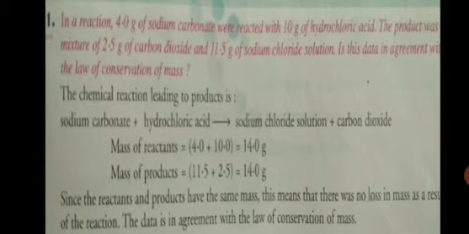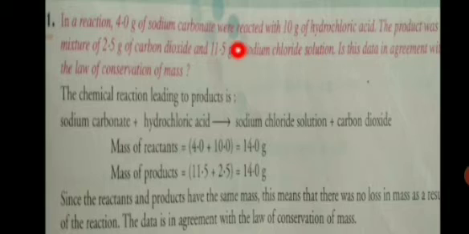First of all, as I mentioned, you have to write the reaction. So look at the question. Sodium carbonate were reacted with 10 gram of hydrochloric acid. So what are the reactants? Sodium carbonate and hydrochloric acid. So first of all you write sodium carbonate plus hydrochloric acid. Now read the question.